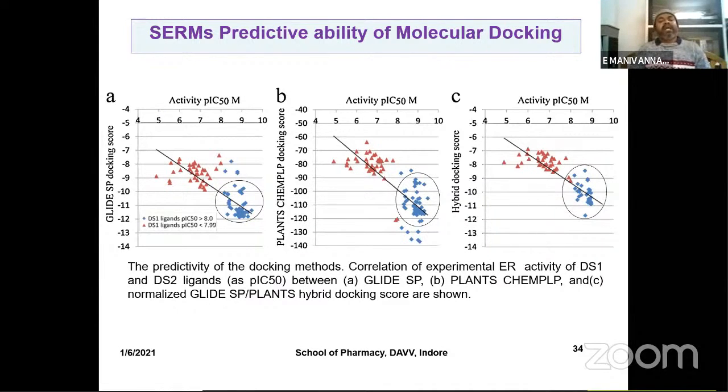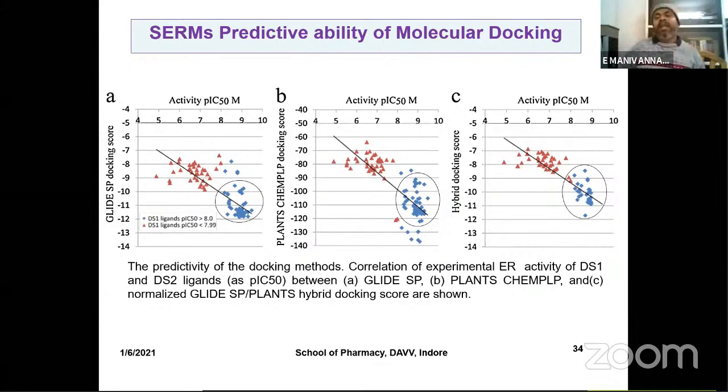So by using the Glide SP docking score, we recognize mostly all active ligands and miss a few. With the ChemPLP docking scoring function, we recognize all active ligands along with a few inactive ligands scored higher. So for the purpose of recognizing all the active ligands, we hybridized both scoring functions, Glide SP and ChemPLP. Now the third picture, graph C, shows the recognition of all active ligands and a few inactive ligands.